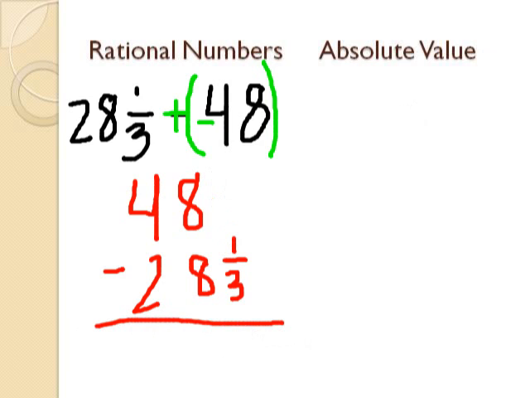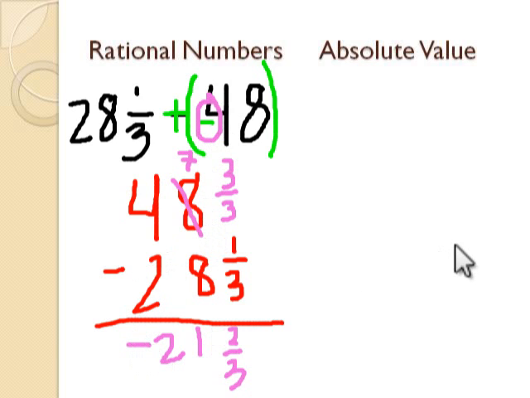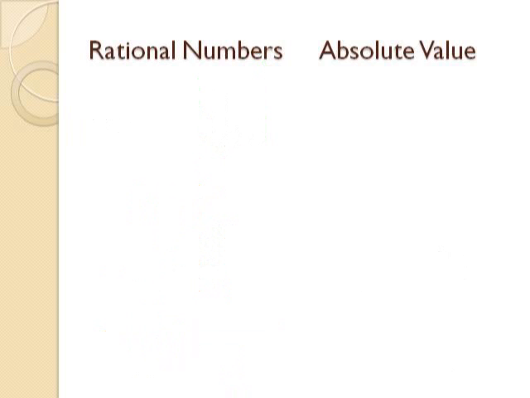So I'm going to borrow 1 from 48, making it 47. I'm borrowing 1 whole, so I'm going to borrow 3/3. And that gives me 21 and 2/3. And then the number with the bigger absolute value is negative 48, so my answer is negative 21 and 2/3.